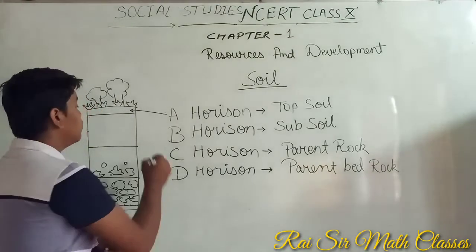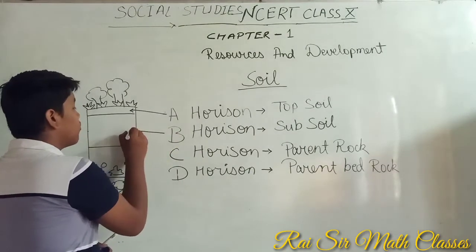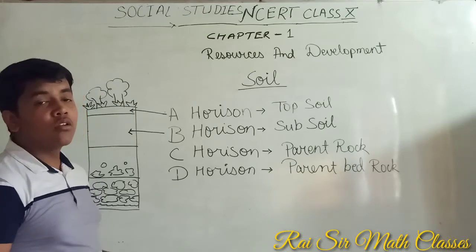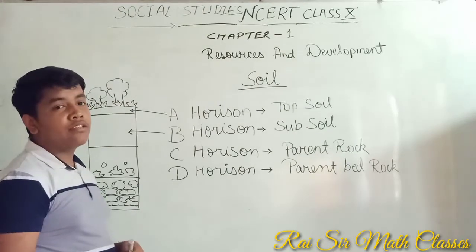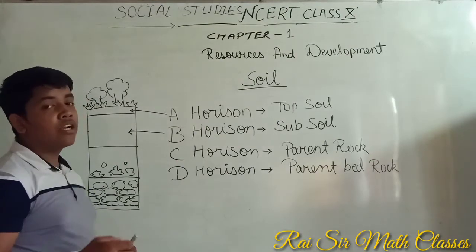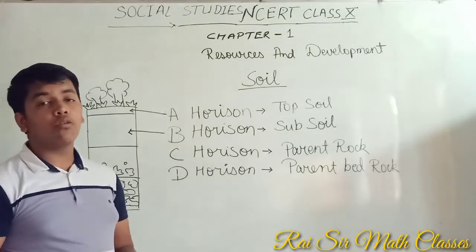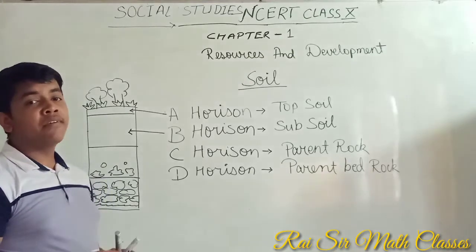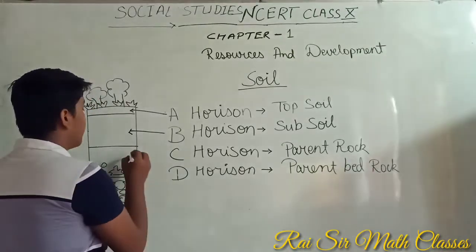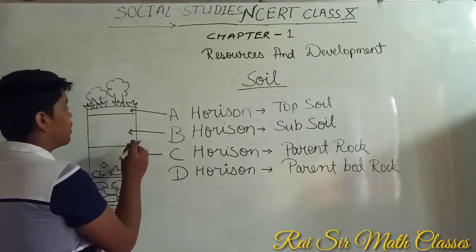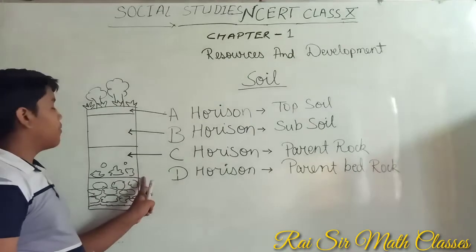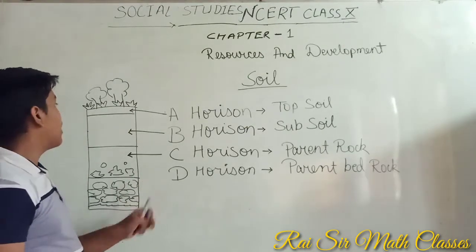Now we are going to know what the C horizon is. The C horizon is the fourth category of the land. What does it contain? It contains small rock particles and is very lumpy in nature. It contains a higher amount of water than the B horizon and stays in the lowest part of the land.